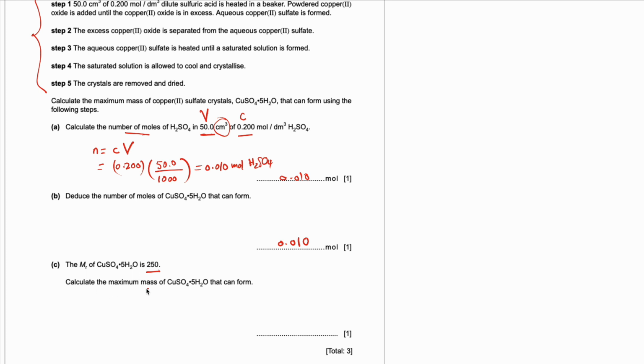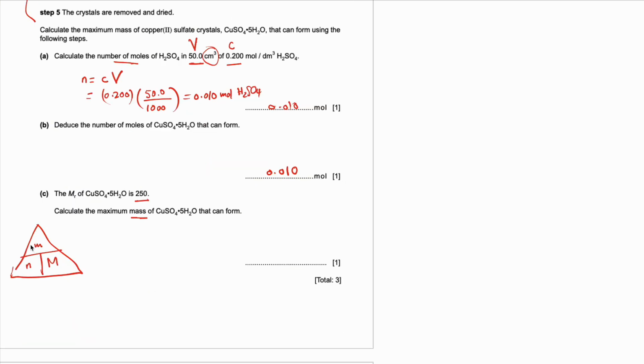Calculate the maximum mass of hydrated copper sulfate that can form. Remember, once again, m over M. Small m is the given mass, which is actually what he's asking for, and big M is the molar mass or relative molecular mass, and n is the number of moles which we have found in the previous step.